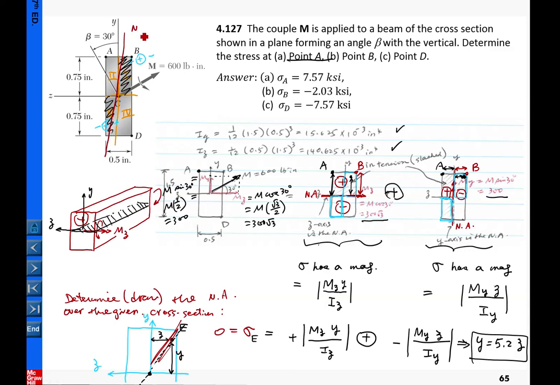Okay, so this is the neutral axis, and in terms of the slope, y equal to 5.2 z, that's based upon our result. Hopefully this comprehensive example helps our previous part 1 illustrations.